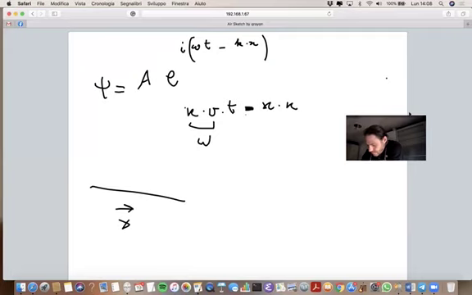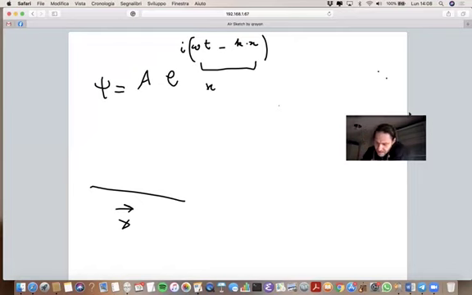So although this expression looks slightly different from the one that I discussed before, nevertheless, I could have started from this expression altogether from the very beginning and identified each term and shown that this expression does describe indeed a propagating wave.